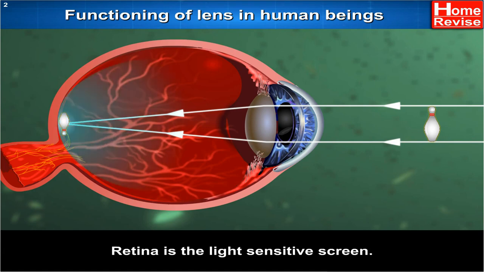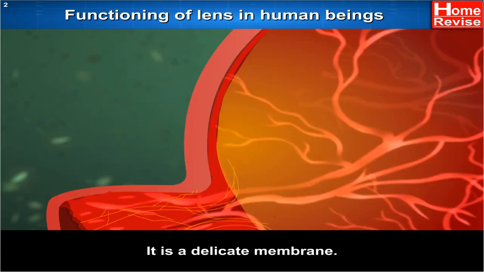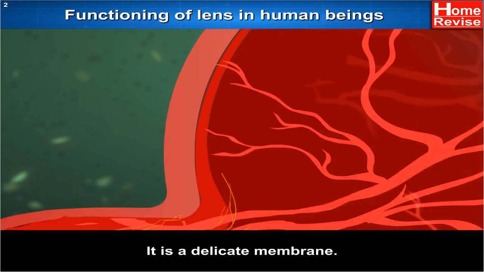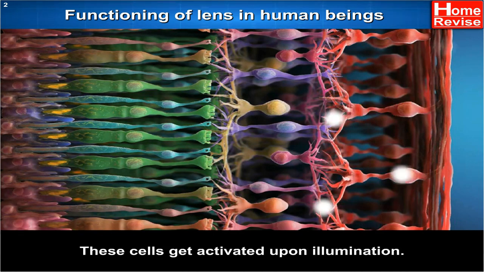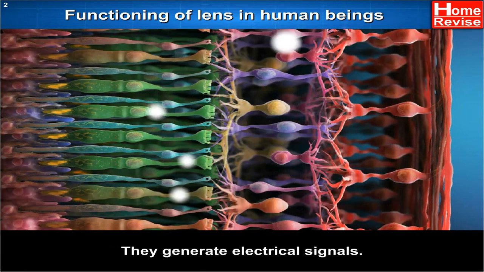The retina is the light-sensitive screen. It is a delicate membrane. It consists of a large number of light-sensitive cells. These cells get activated upon illumination. They generate electrical signals.